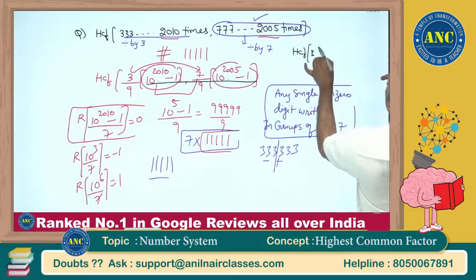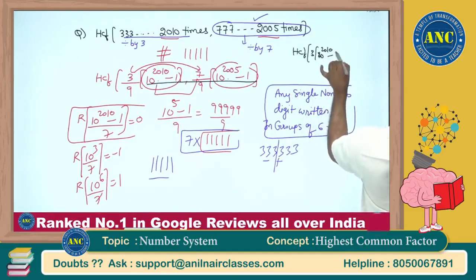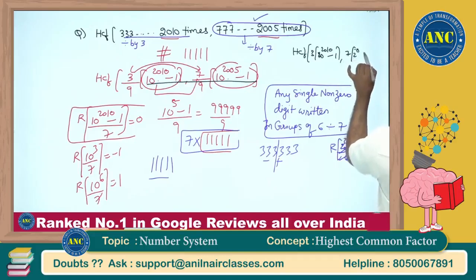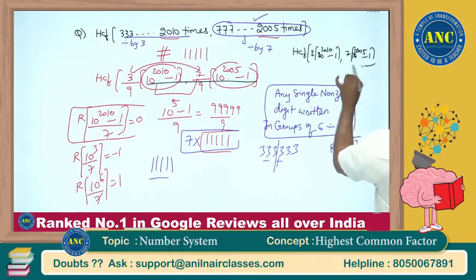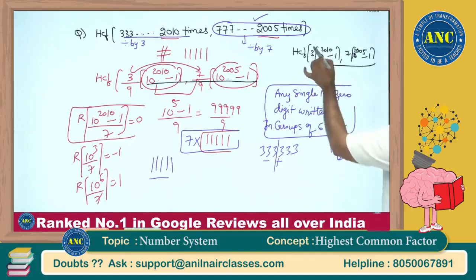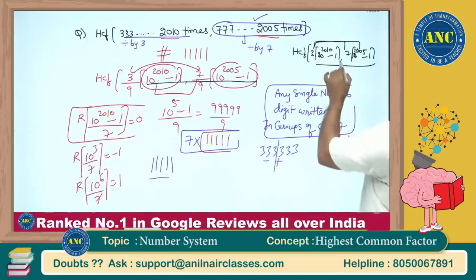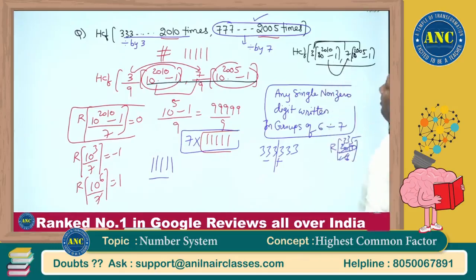HCF of 3 into 10 power 2010 minus 1, comma, 7 into 10 power 2005 minus 1. I hope it is clear. You are just doing this with this and this with this: 10 power 2010 minus 1, 10 power 2005 minus 1, 10 power 5 minus 1. That is over. This number is also divisible by 7.